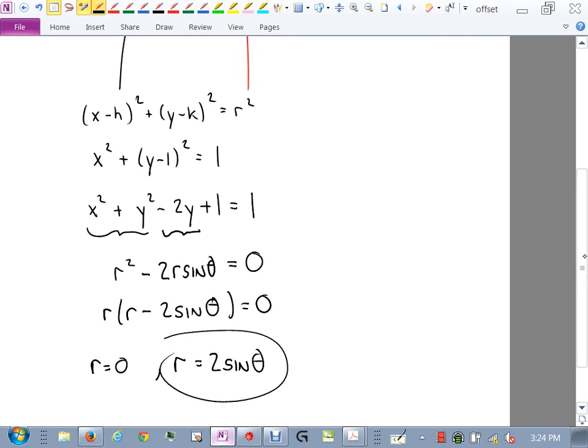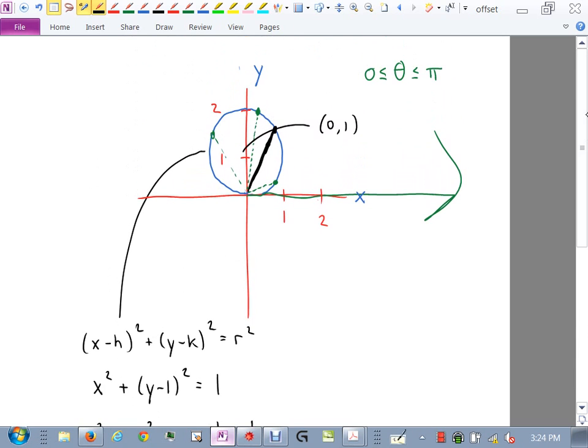So what I have now is, back up here, I was doing my restriction on theta. Now what's my restriction on r? We said the smallest that r could be would be 0, right? And then the biggest, this is my h1 and this is my h2, okay?